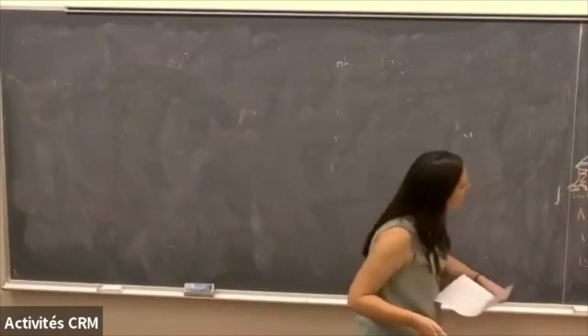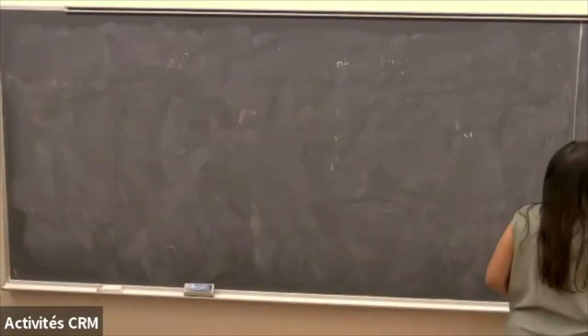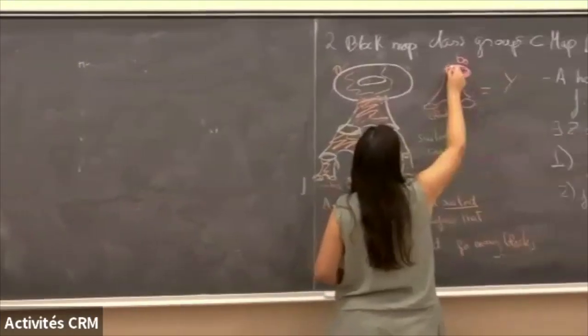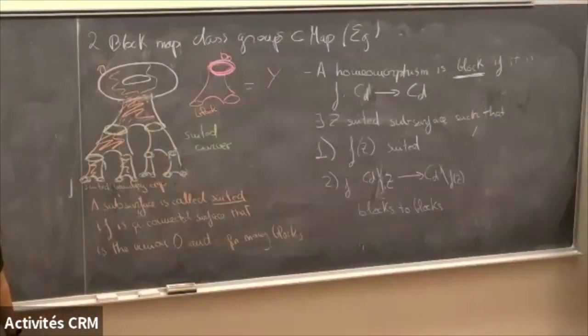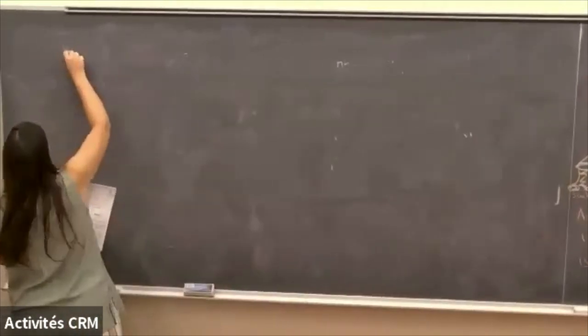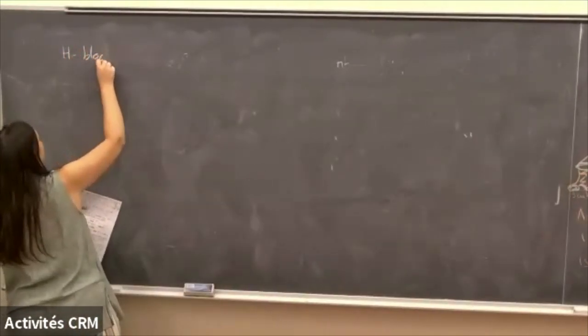It fixes this boundary. It doesn't have to be pointwise, but it fixes that. Okay. So now we're going to see what an H block homeomorphism is.